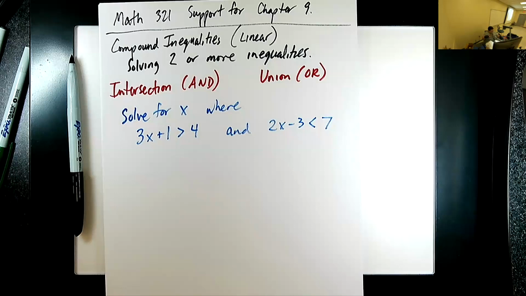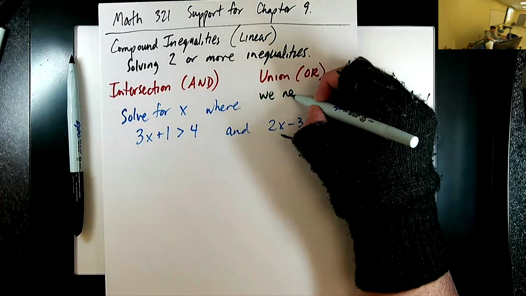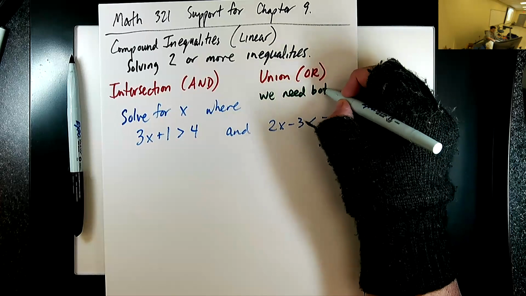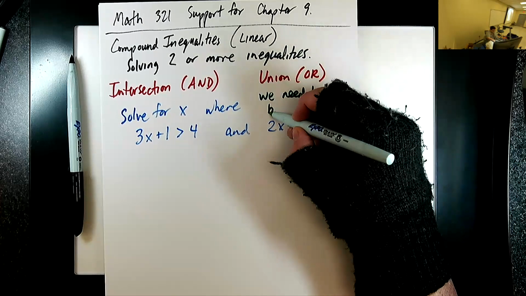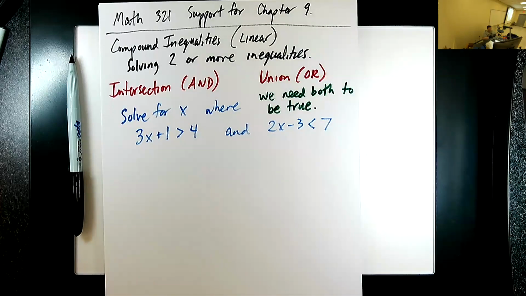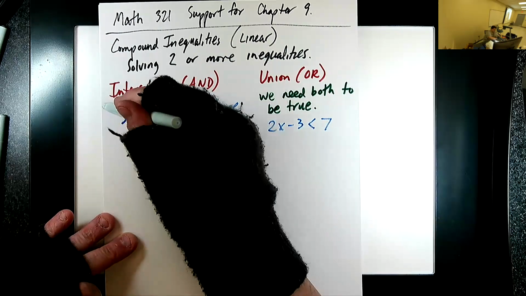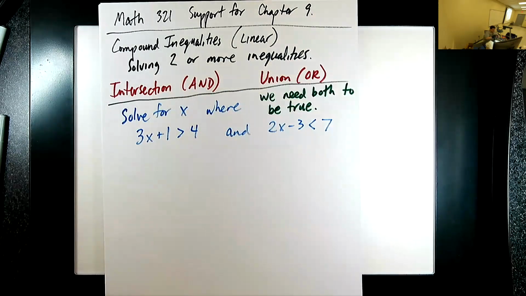And we need both of these to be true. So we'll find answers, we'll look at them on the number line, and we'll see where both regions are true. So let's do that.